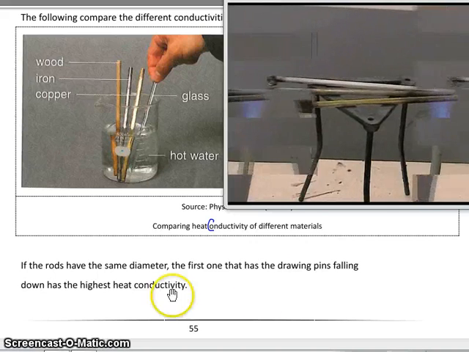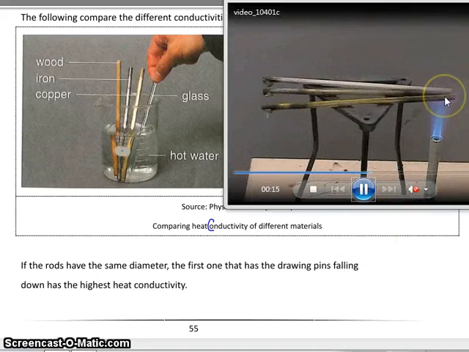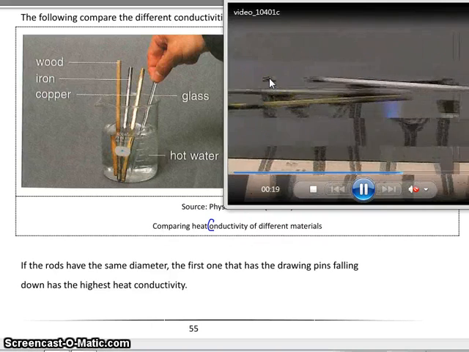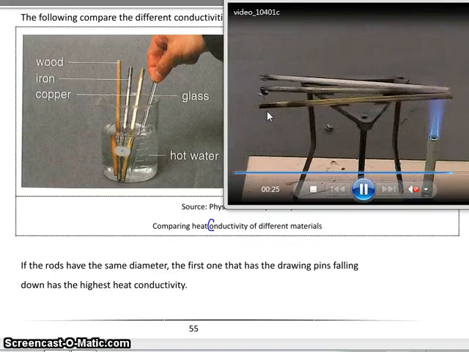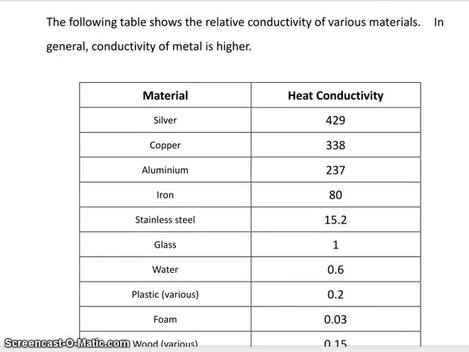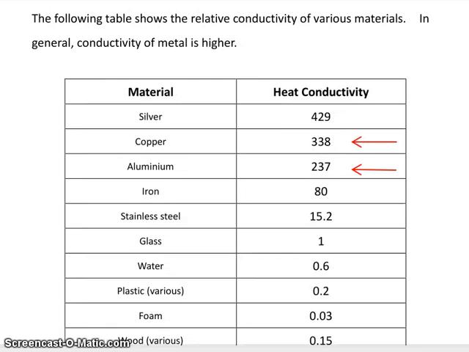And now in the experiment, when the right end is heated, you will see the aluminium will have the drawing pins falling down first, and the second one, copper, and the last one, iron, in the middle. If you turn to the next page, you can see a table that shows you the heat conductivity of different materials.